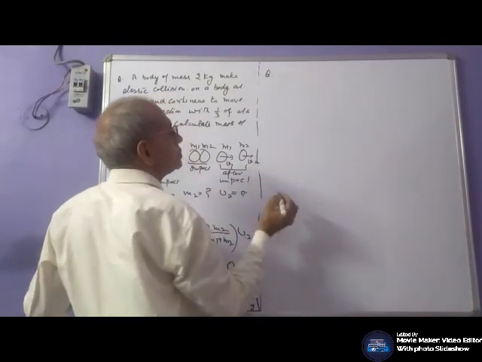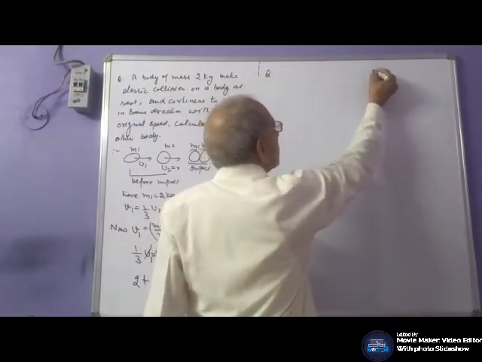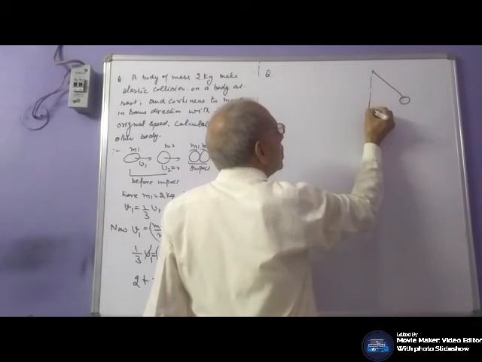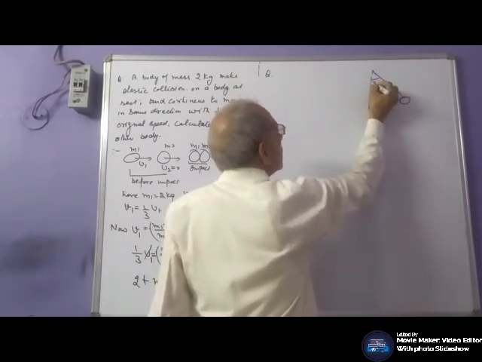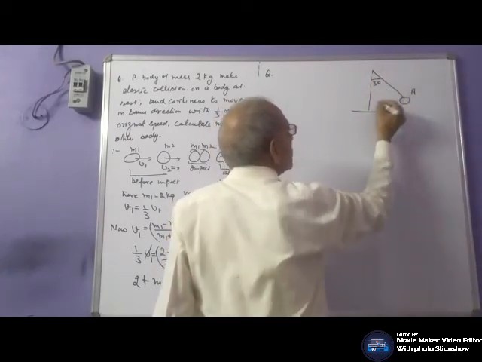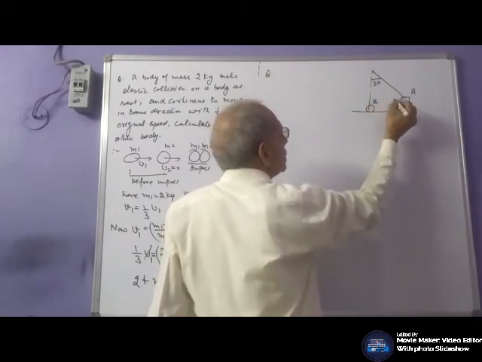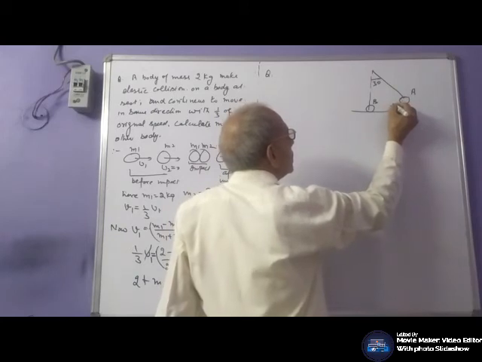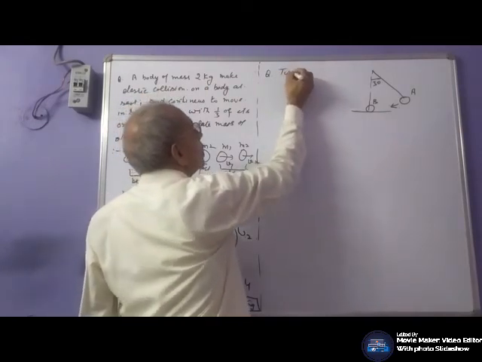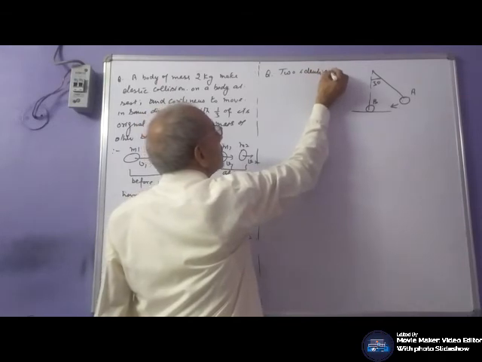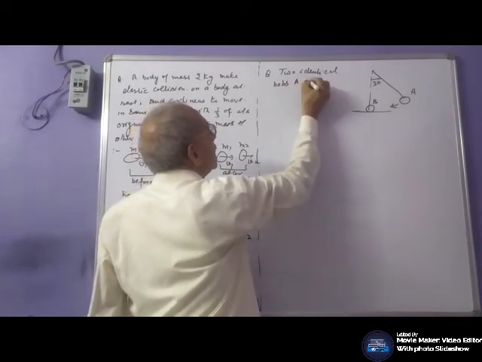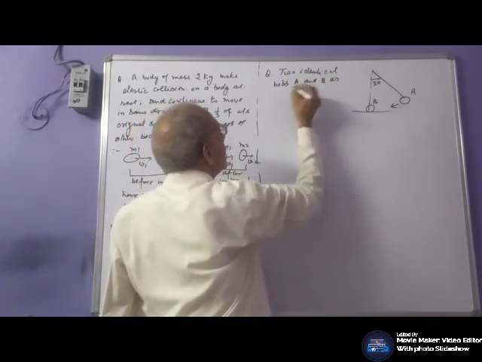Another question. This is a bob connected to a string, A. This is another bob, B. Two identical bobs, A and B, as shown.